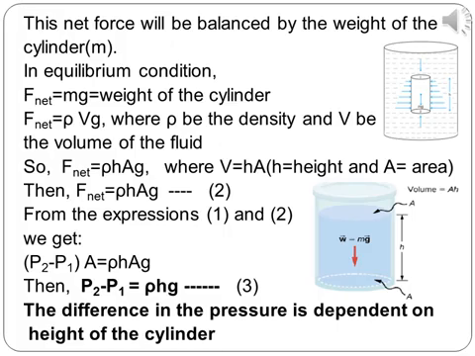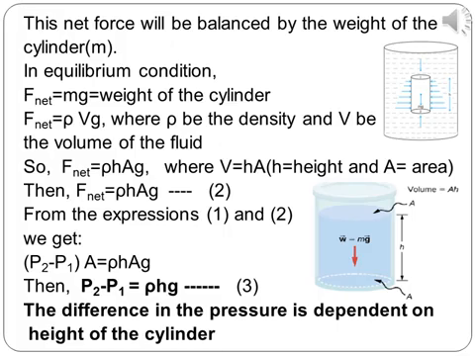As pointed out earlier, the net force acting on this cylindrical element will be balanced by the weight of the element of mass m. So, under equilibrium condition, the net force F net is equal to mass into acceleration due to gravity, mg, which is the weight of the cylindrical element.